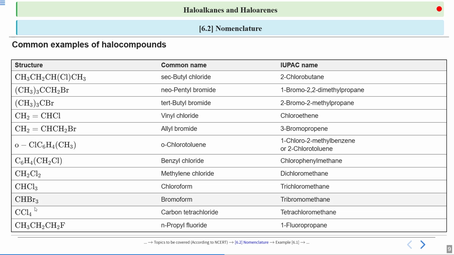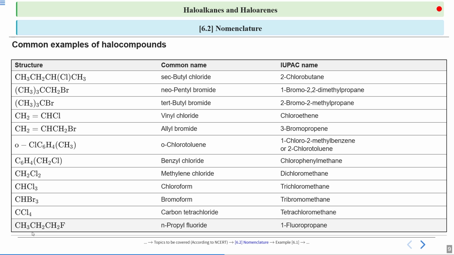Then comes CCl4. The common name of this is carbon tetrachloride, because we have 4 chlorines connected to the carbon. So carbon tetrachloride, and the IUPAC name will be tetrachloromethane, because only one carbon is present.